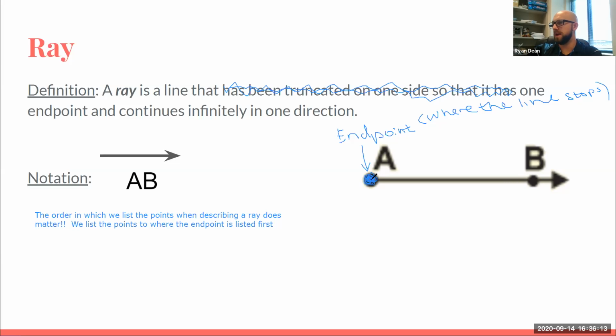So we start here at A, and then when we go to B, B is telling us which direction the line is going. So we list the endpoint first.